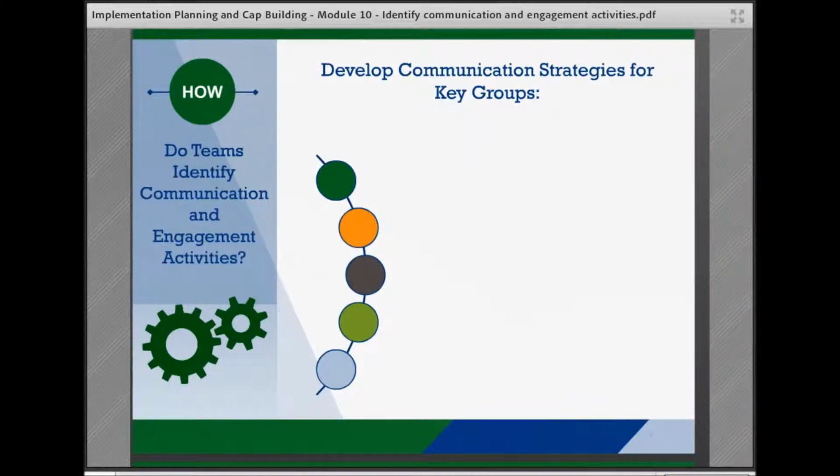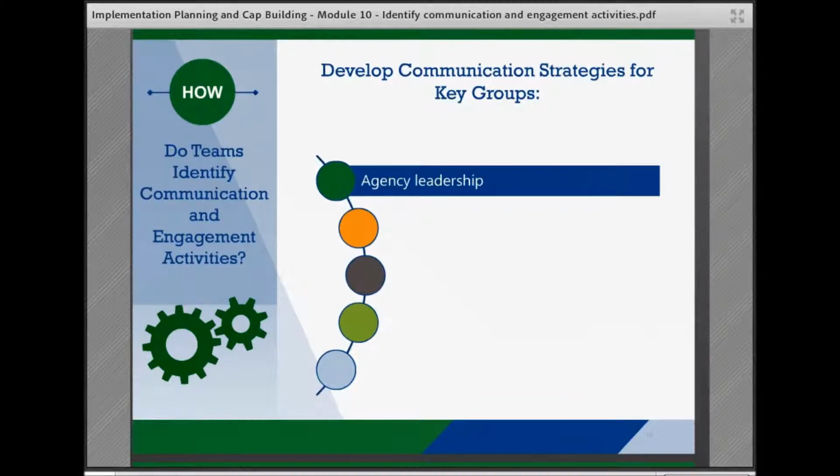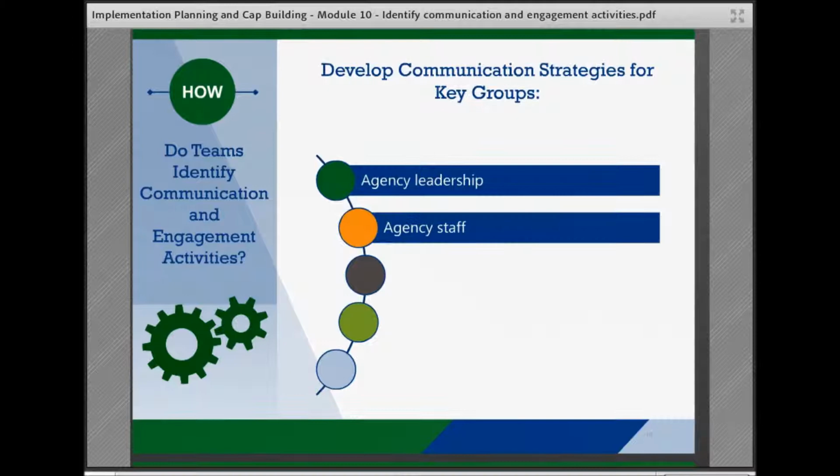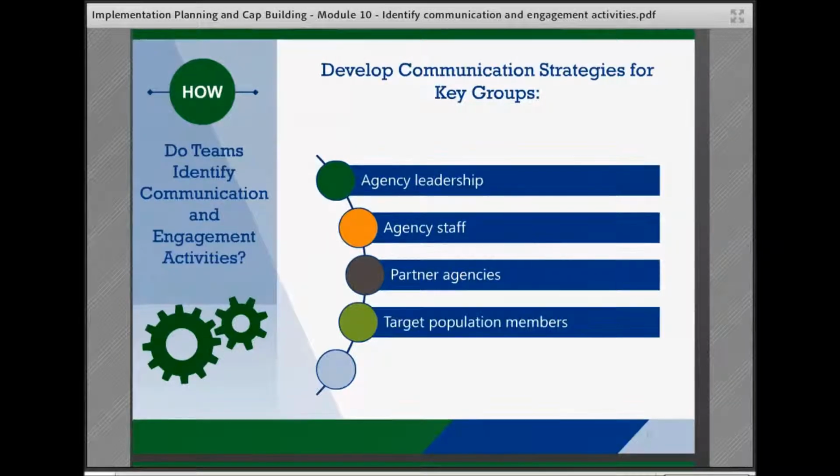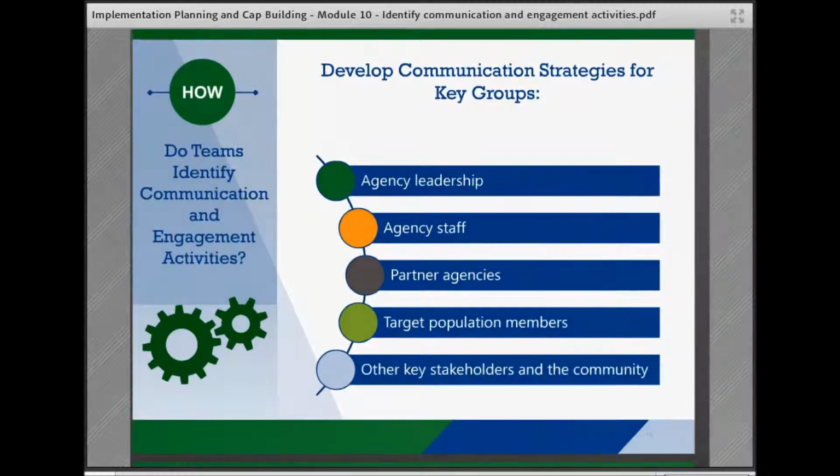Teams should plan and document strategies for engagement and communication with agency leadership, agency staff, partner agencies, for example, courts and community organizations, or individuals involved in referrals, service delivery, or implementation support. Target population members, including both potential and actual service recipients, as well as other key stakeholders and the community.